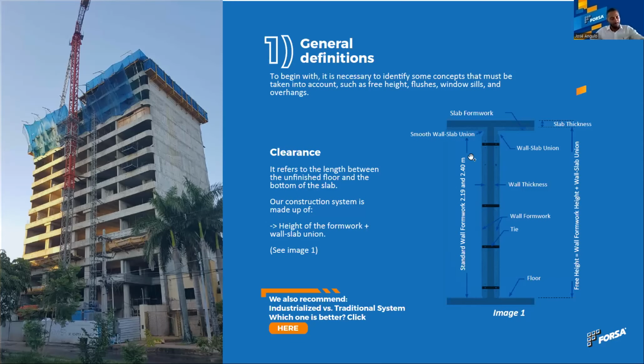And I'm going to describe that, because with industrialized systems such as Forza and formworks, you will know that you can use this formwork for future projects. Maybe if you put, for example, 200 living units in the first project, then you will find out that you can use that formwork in other projects for other 400 dwellings.